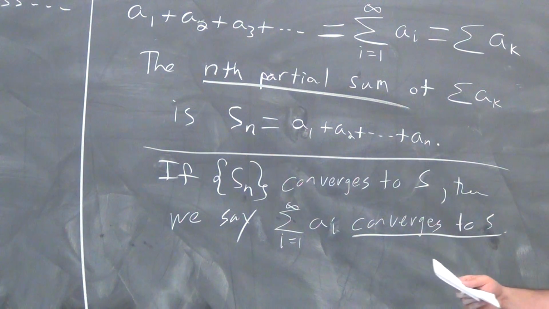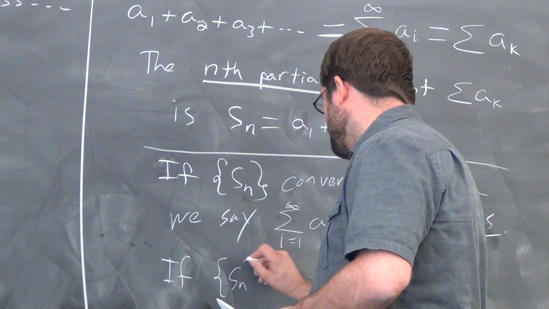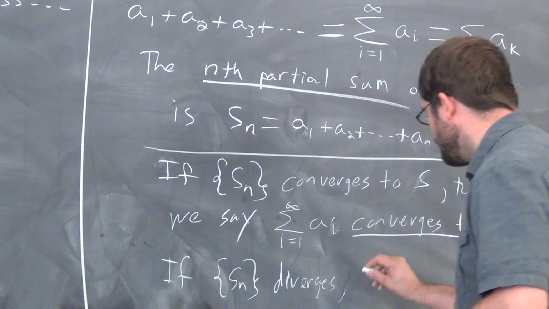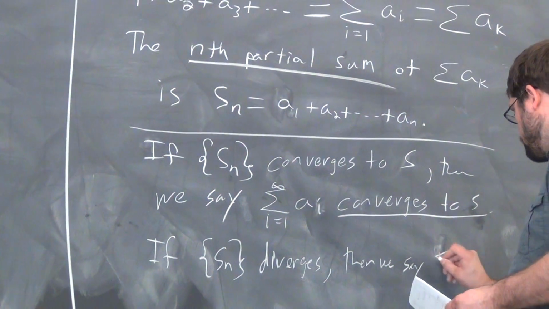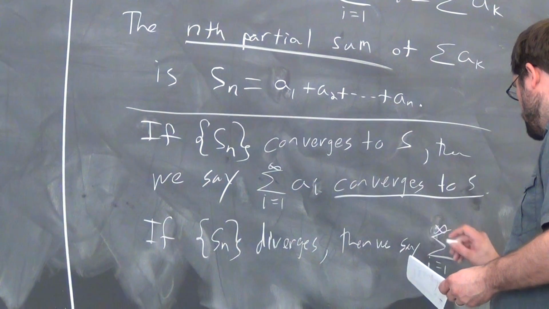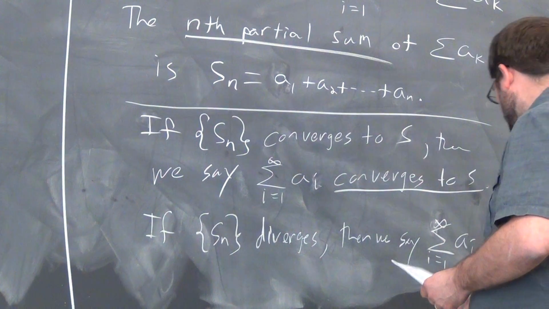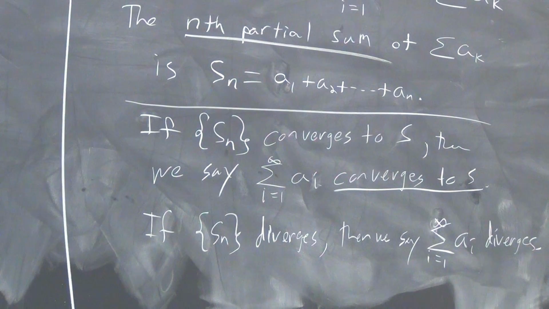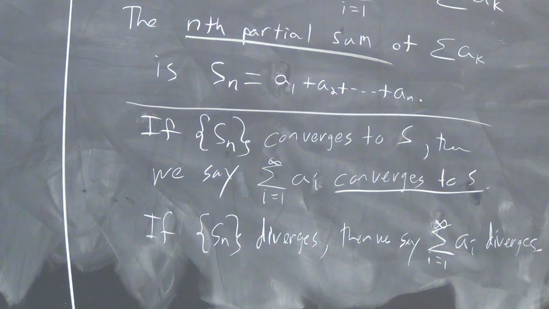Okay? And if it doesn't, then it diverges. So if this diverges, then we say the series diverges. Okay. So the main point here is that all of the behavior of a series comes down to the behavior of the sequence of partial sums.